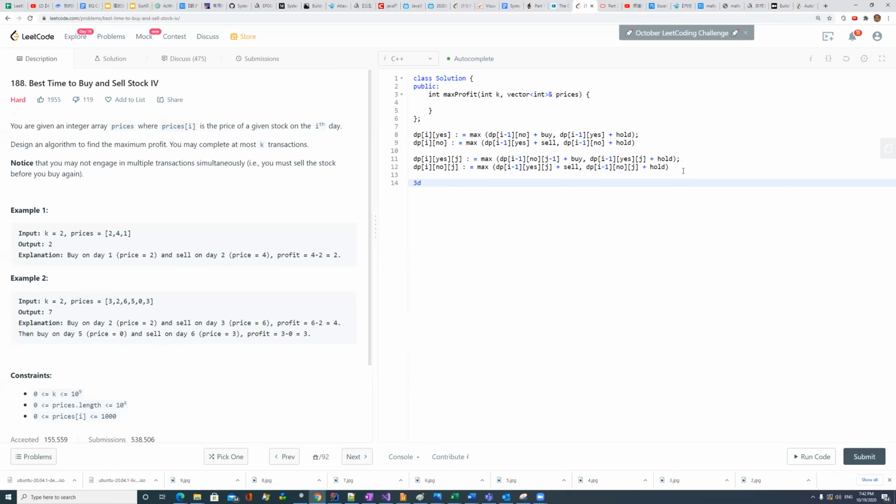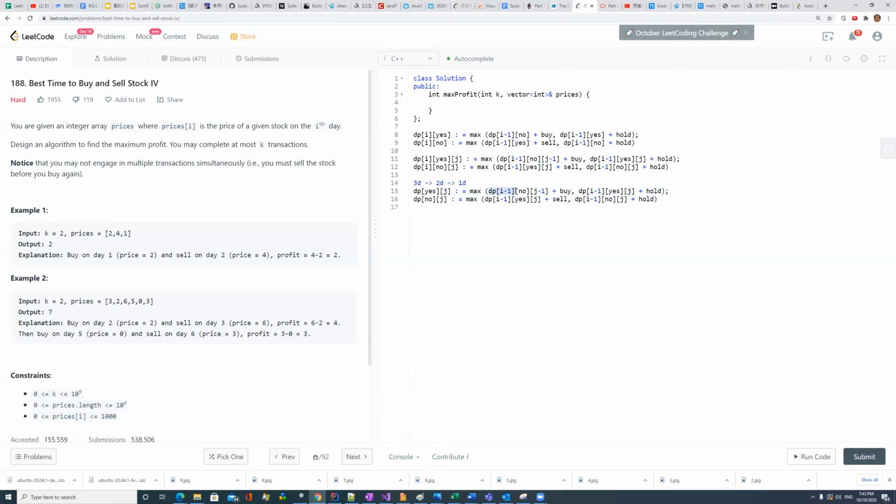This is a three-dimension dynamic program, and I want to reduce a dimension. Because I depends on I plus 1, I can use the older status to reduce the three dimensions to two dimensions.